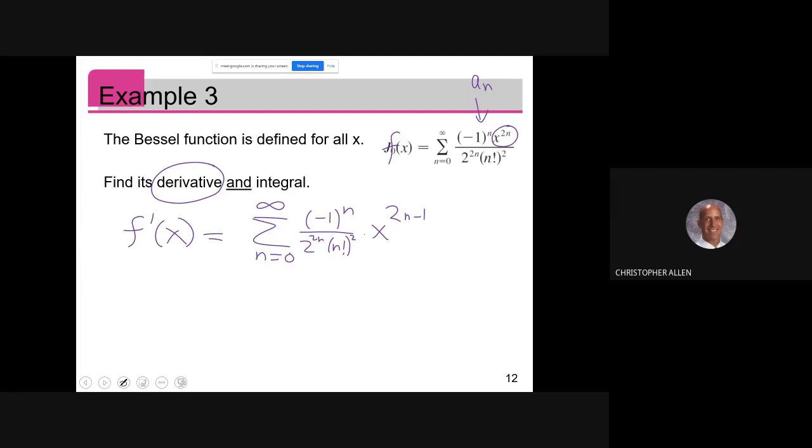And what also needs to be multiplied in the front since I did the derivative? 2n. Let me put both of these things in red to make them stand out. This is going to be 2n minus 1, and then you have to multiply it by 2n. That's what the power rule for differentiation is.